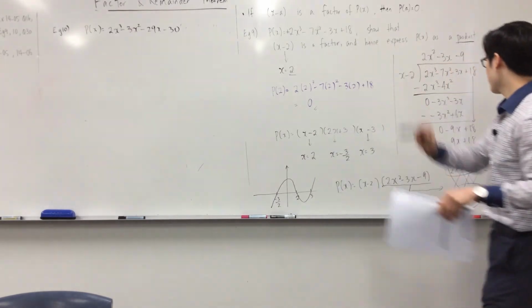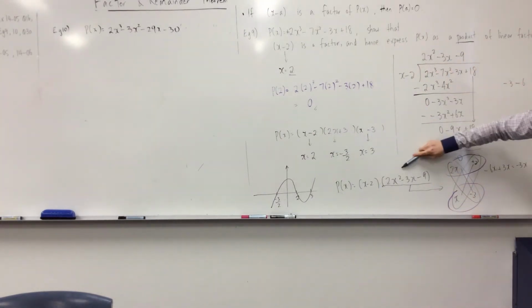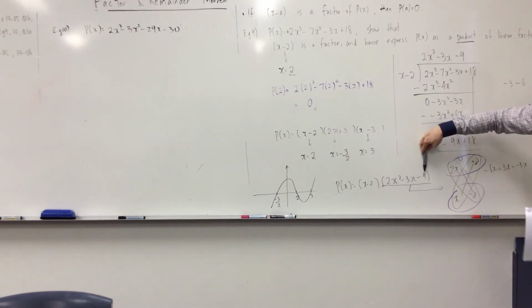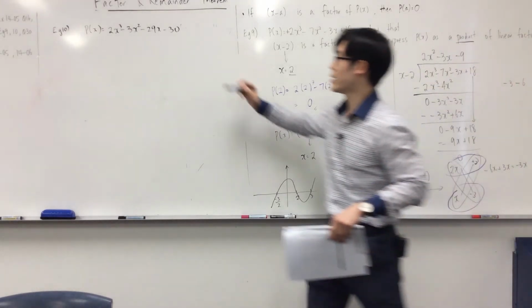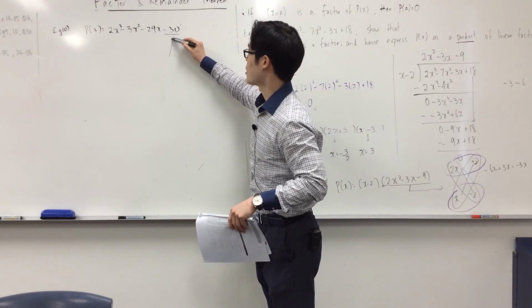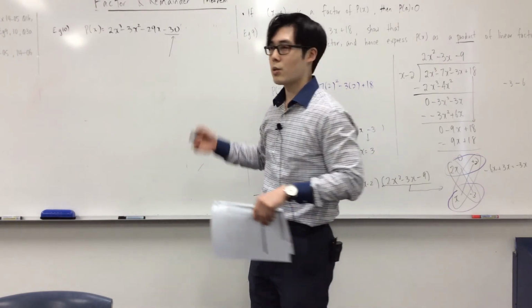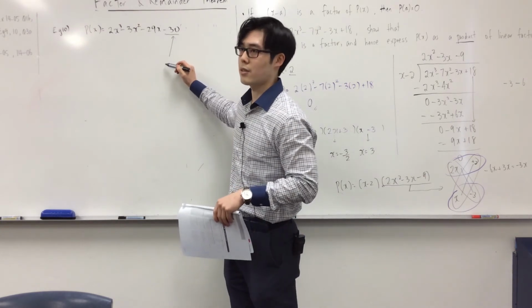Girls, before we do that, when we did this question and I asked you to factorize it, the question you ask yourself is, what two numbers do you multiply to give minus 9, right? That's the question you always ask yourself. The same logic applies here. You look at the end number and ask, what are the numbers that you can multiply to give minus 30? So what you want to do is write out the factors of minus 30.